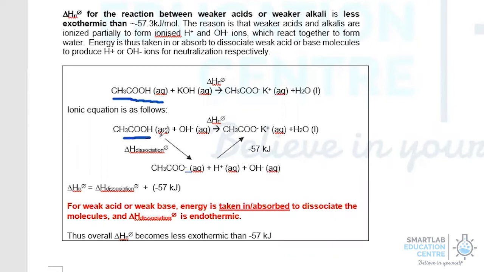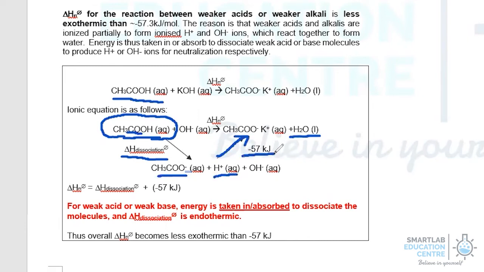So in the case of a weak acid, not all its molecules is fully dissociated. And the main part of the molecules remains as CH3COOH. Hence, energy need to be taken in as enthalpy of dissociation of the weak acid to form CH3COO- and H+ before they could actually undertake the neutralization reaction to produce water molecule.